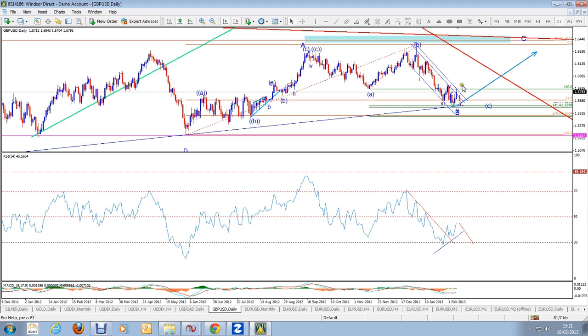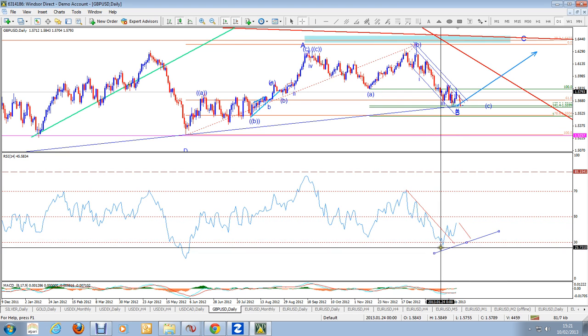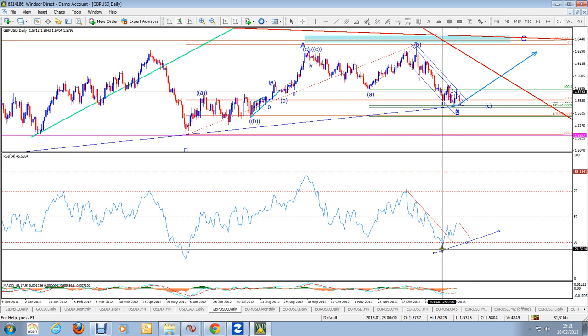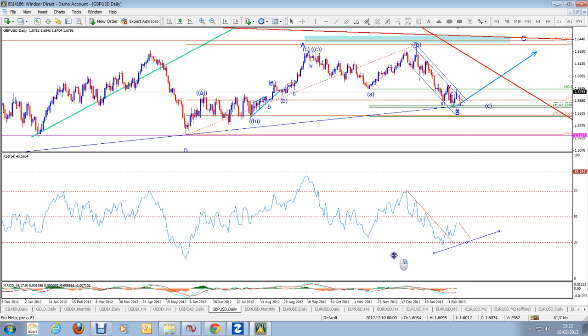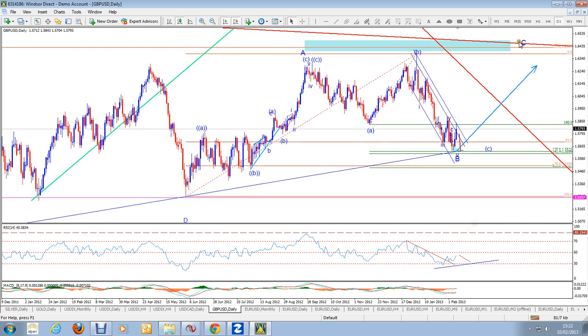So in other words, if the current one is some kind of a complex wave 4, then that wave 4 will finish, we'll get another leg down on the price with the dollar making a move to the upside, and then we will get a proper divergence which will be between wave 3 and wave 4. It won't be just a couple of days. Between wave 3 and wave 4 it will be like over a week, which I think would play out really nicely. So the dollar, I'm still expecting a bit more weakness.